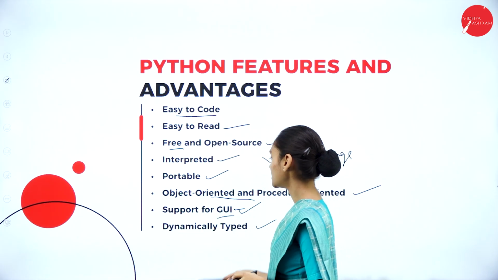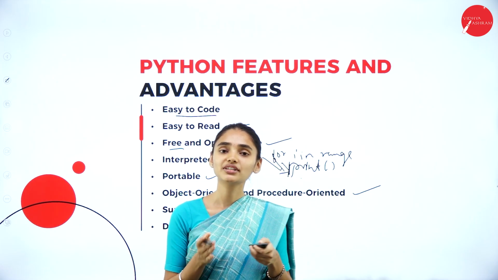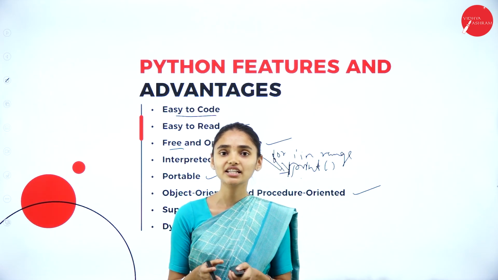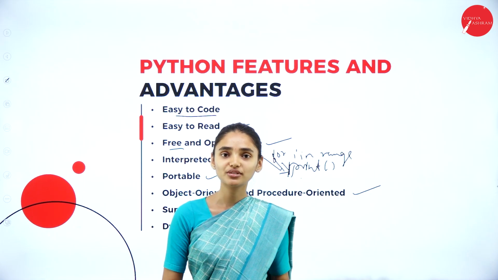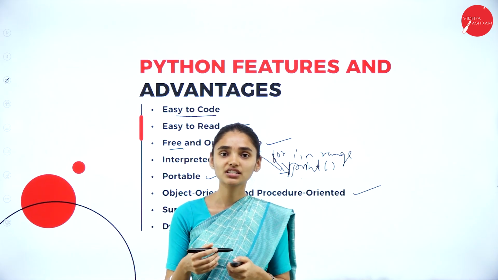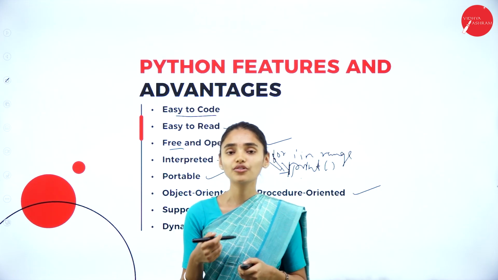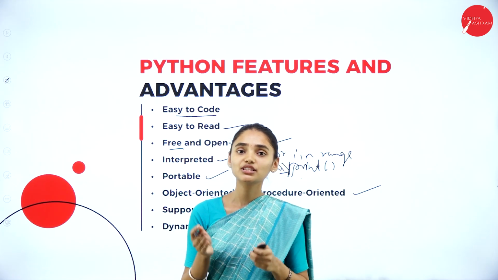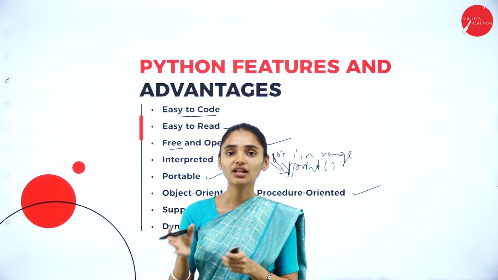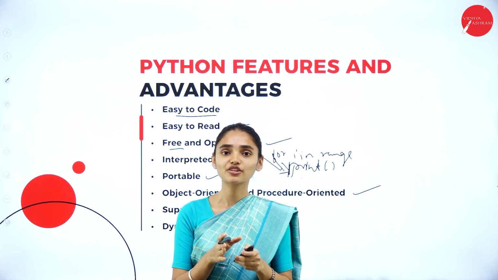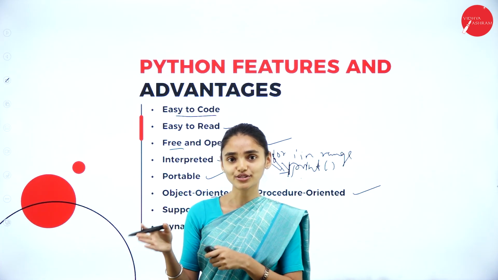Next is dynamically typed. I hope you know the difference between dynamic and static. Static means constant. When it comes to dynamic, you can change the code while doing runtime. While writing code in C and C++, you need to specify the data type. Suppose you take an integer type, where you specify int x = 5.